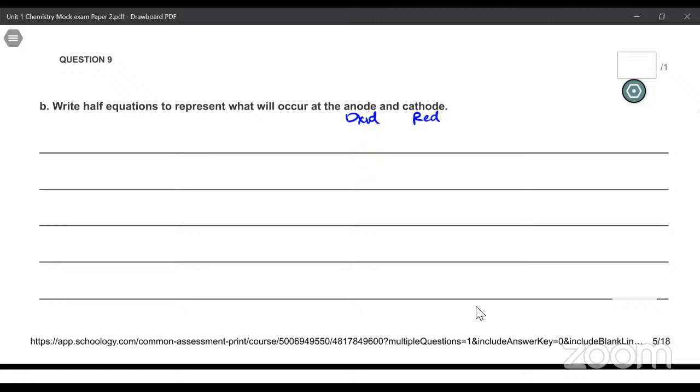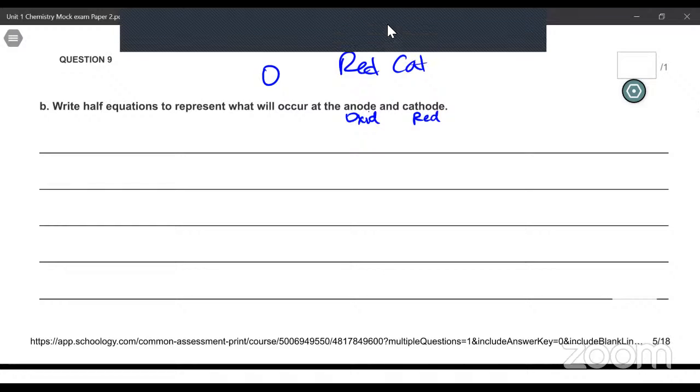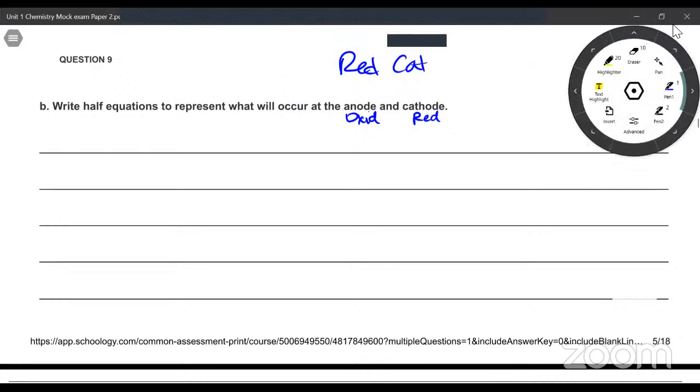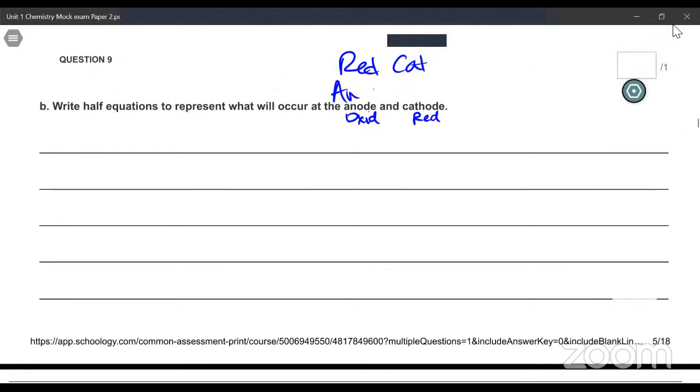And another mnemonic: RED CAT, so reduction at the cathode, and I just know that the other one is oxidation. One of my students said AN OX.